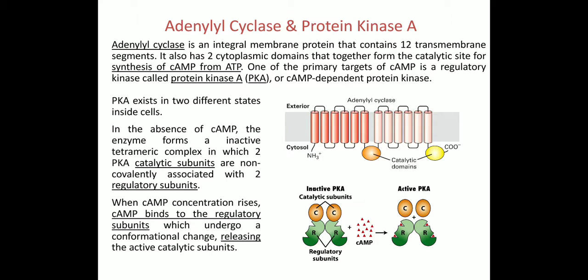But when the concentration of cyclic AMP increases, it binds to the regulatory subunits of the PKA, releasing the active catalytic subunits.